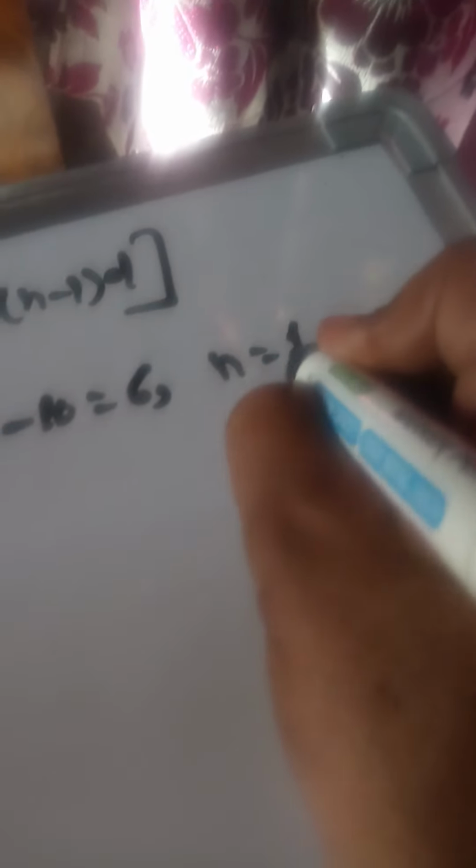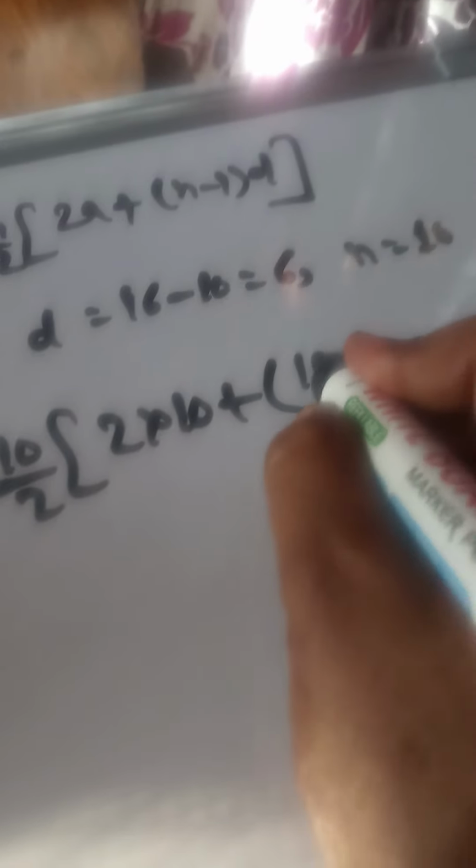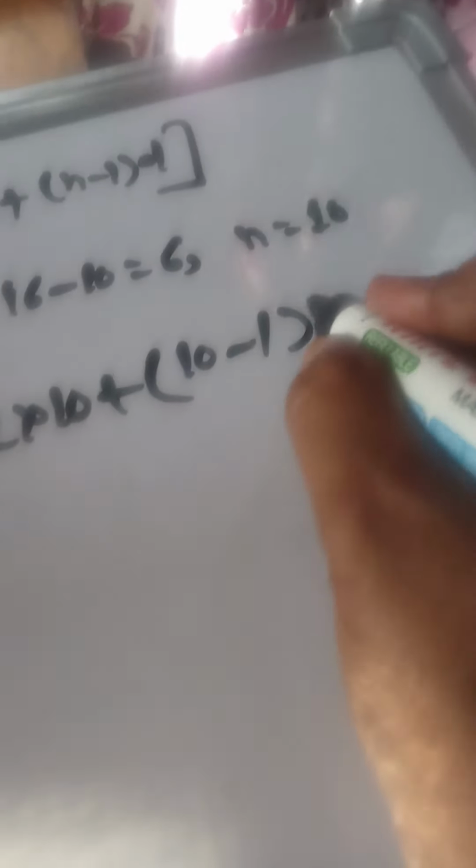Here the number of potatoes is given as 10, so n equals 10. Now substitute the values: S10 equals 10 upon 2 times (2 into a, which is 10, plus (n minus 1), which is 10 minus 1, into d, which is 6).